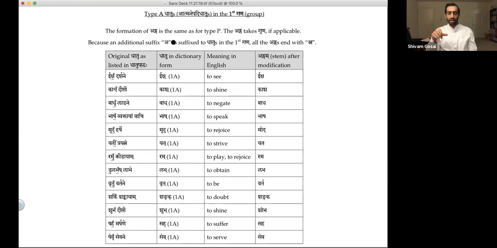These Atmanepadi Dhatus will take Atmanepada suffixes. On the screen, you'll see some Atmanepadi dhatus, starting with iksh all the way down to save. Because this is first gana, we only add a at the end of the anga.